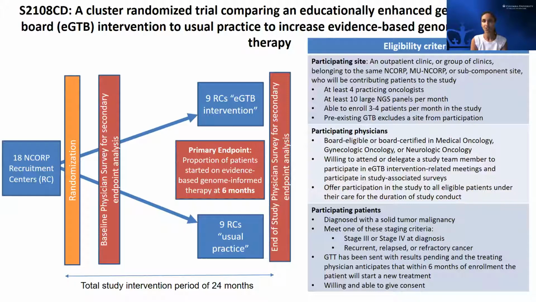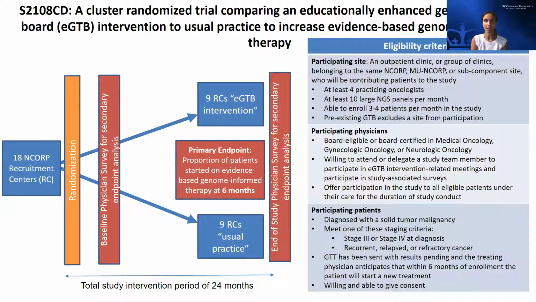Just as a reminder about the study, this is going to be a cluster randomized trial of the intervention among 18 NCORP recruitment centers. We're defining a recruitment center as an outpatient clinic or group of clinics that belong to the same NCORP or MU NCORP or subcomponent site, who will be contributing both patients and physicians to the study. Once a recruitment center is selected, they will enroll both patients and physicians.